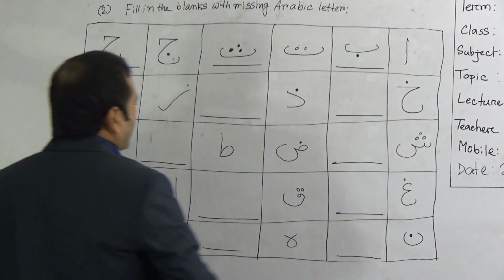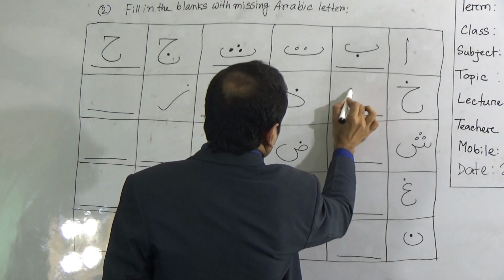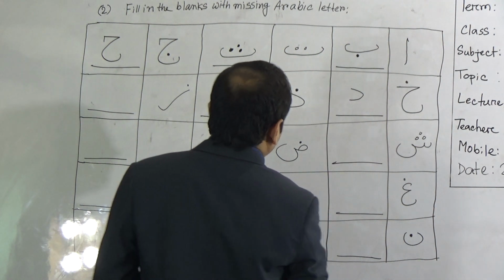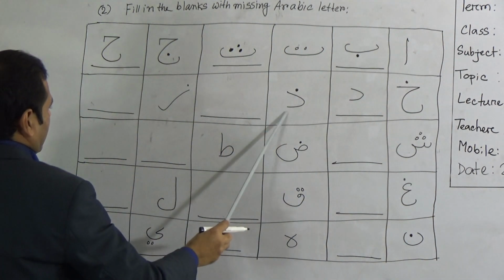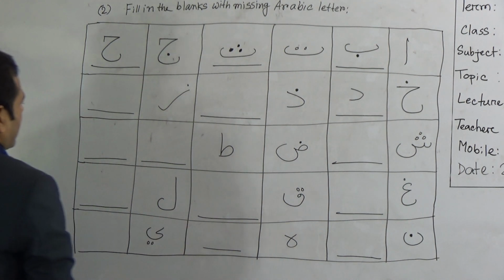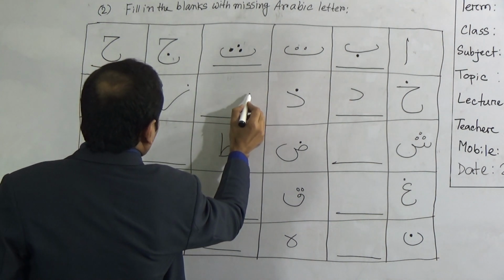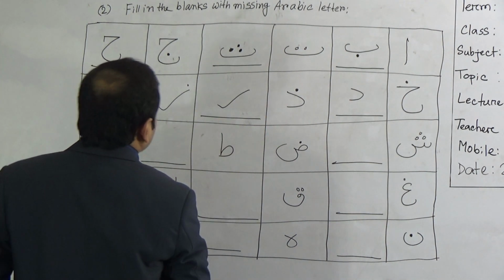Dal. Dal comes after kha. So here we will write dal. Now zal is given. After zal, normally the ra will come. So here we will write ra. This is the ra.